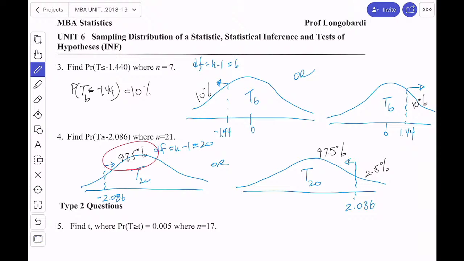So let's try Excel. We're going to have a degrees of freedom of 20 and 2.086 negative. But we want the area to the right.